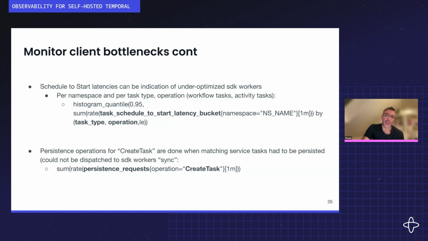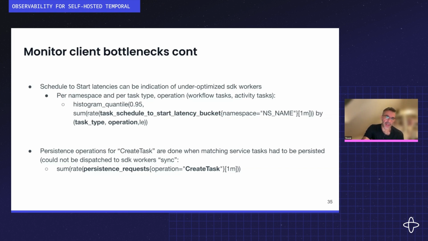The reason why we want to look at schedule to start latencies is the second part of this slide: workflow tasks that cannot be dispatched from matching task queues to your workers within what we call sync match, or within some number of milliseconds, mean the matching service actually has to persist them.